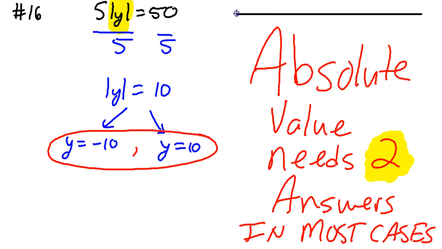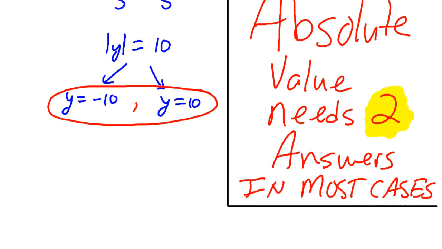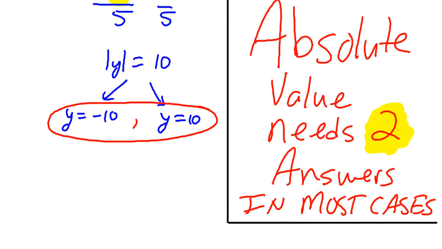Most of them, it's going to be 2. Now, one of the cases where you won't get 2 answers is if this was equal to 0, because there is no positive and negative 0. If it's 0, there's only 1 answer. And if it's negative, it's no solution. Yeah, that's a trick question. And I'm sure one of those is going to pop up next. If not, we'll throw one in there.